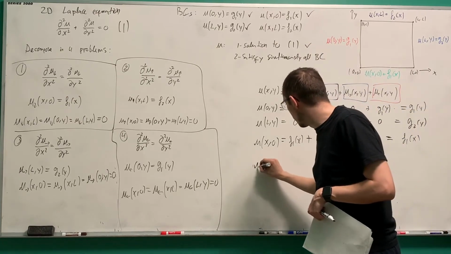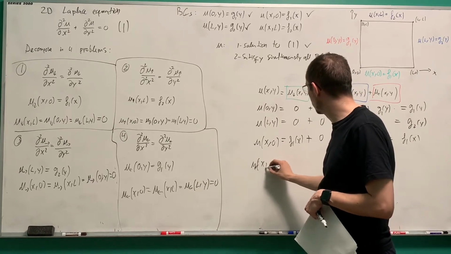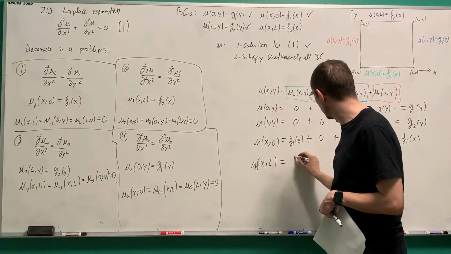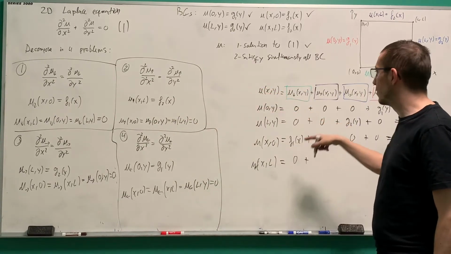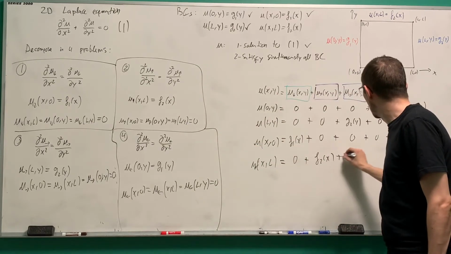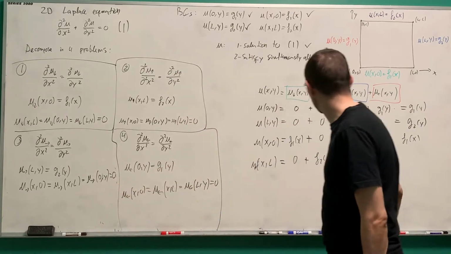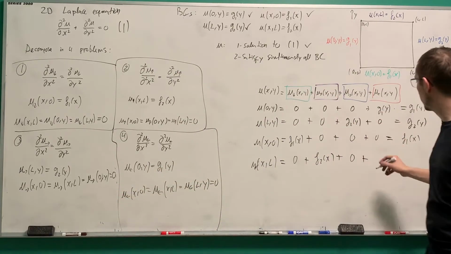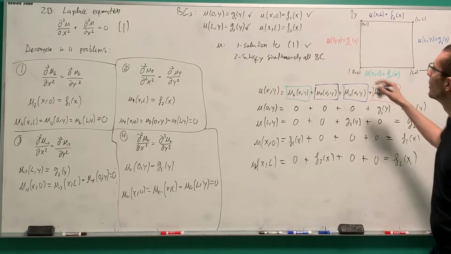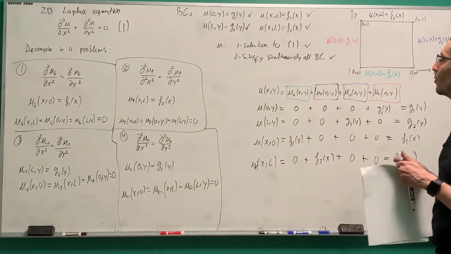And finally, u of x, L. u down of x, L is 0. u up of x, L is f2 of x. u right of x, L is 0, and u left of x, L is also 0. So what we get is f2 of x. So indeed, we satisfy all four boundary conditions. So yeah, we got the solution to our problem.